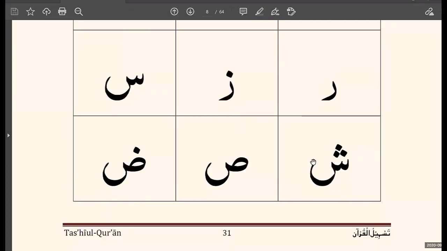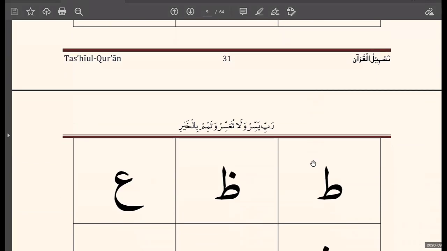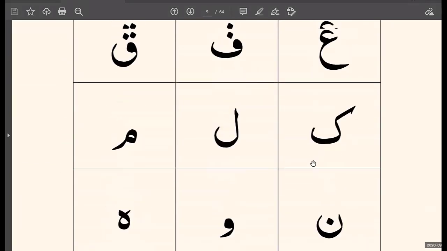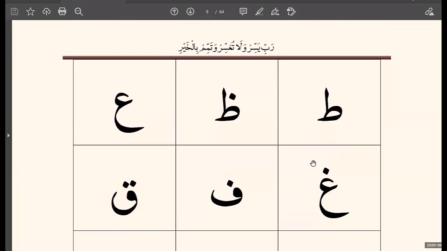Sheen. Okay, well done. Now we come to the next page, and the rest of the letters, inshallah, we are going to finish here. This one is a thick letter, ta. T, but T will be thick.